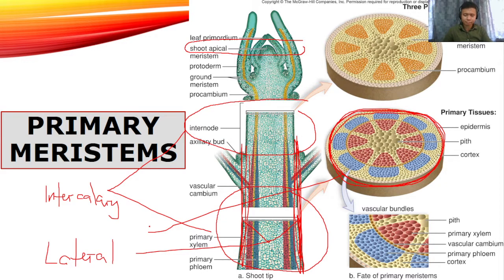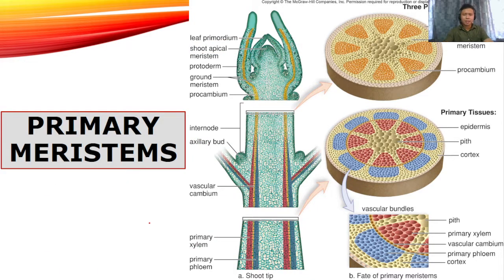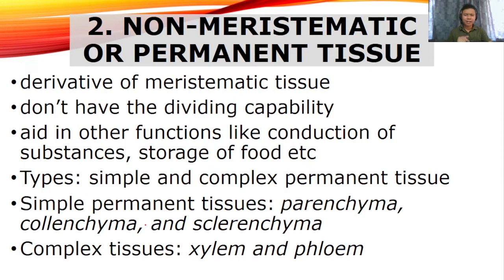Moving forward, when we say meristem, meristematic tissues, they are responsible for growth and development. Okay? For the non-meristematic or the permanent tissues, they are usually the derivative of meristematic tissue. Okay?